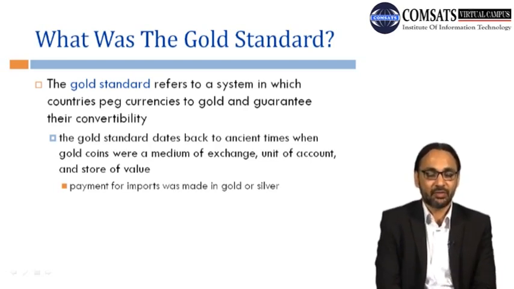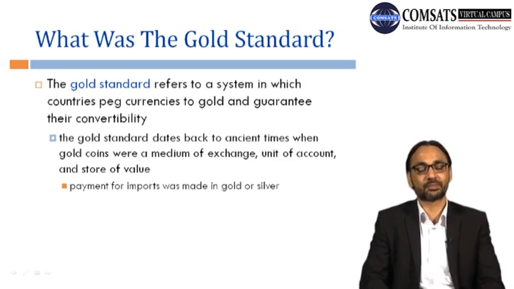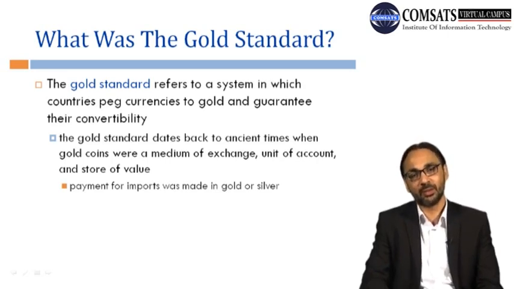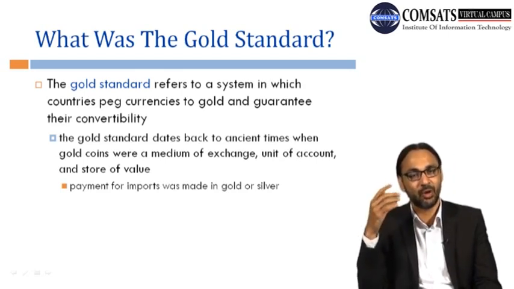Okay, the gold standard is a system in which countries peg their currency to gold and guarantee its convertibility. What they used to do is that the countries following the gold standard keep the gold with them, and they print currency according to the amount of gold that they have.